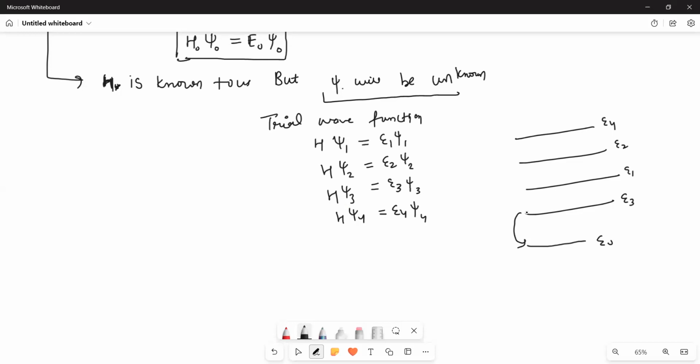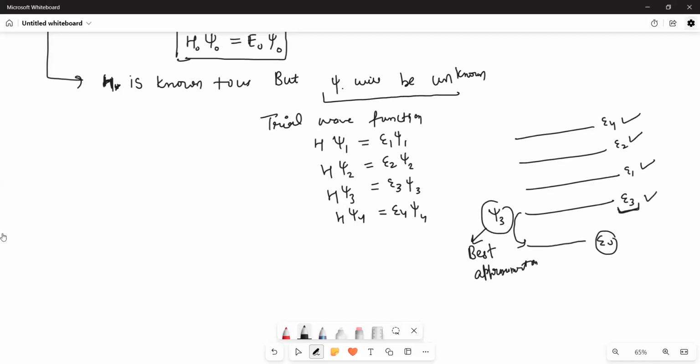So variation principle always gives you the upper bound to the ground state energy. So we got different energies. Out of these 4, E3 is the energy which is close to E naught, and the corresponding wave function is psi 3. So in this case, psi 3 is the best approximation. So this is your variation principle.